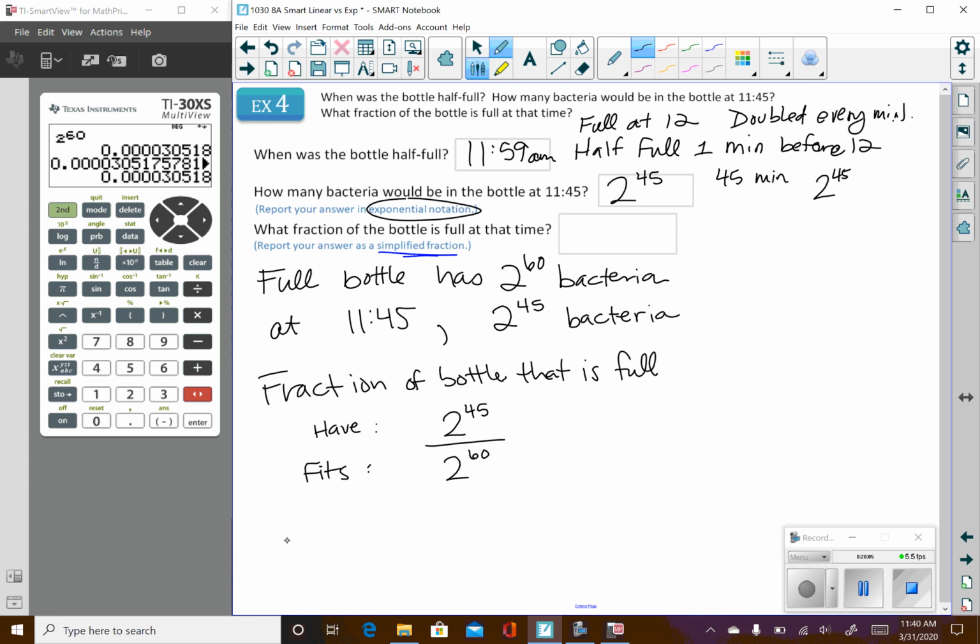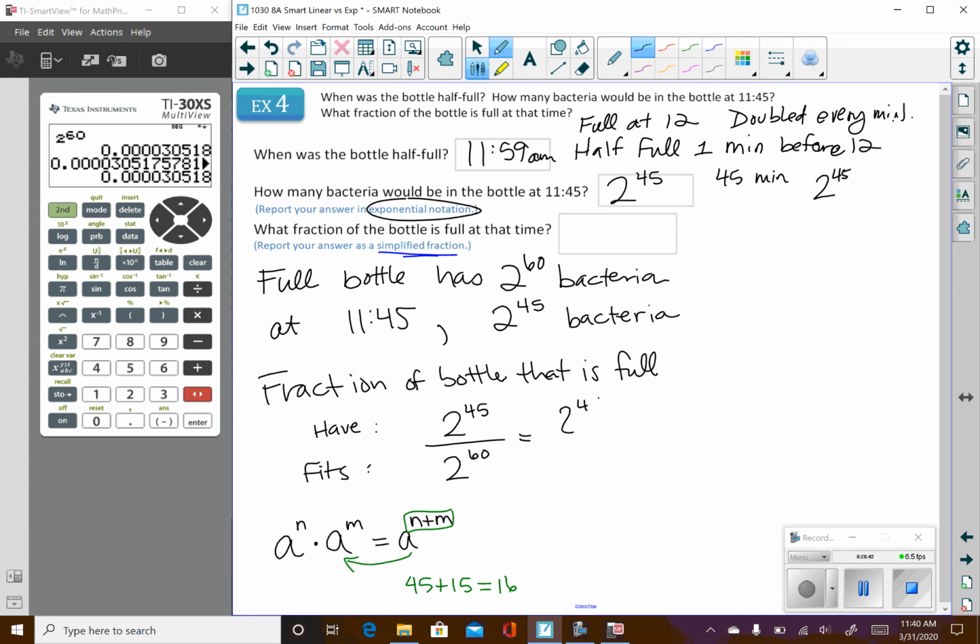Remembering our exponent rule, now, usually we use this exponent rule to combine two exponentials and we add their powers together, but I'm actually going to use it in reverse, and I'm going to use it to separate that 60 into a 45 plus a 15 so that my expression looks like this.